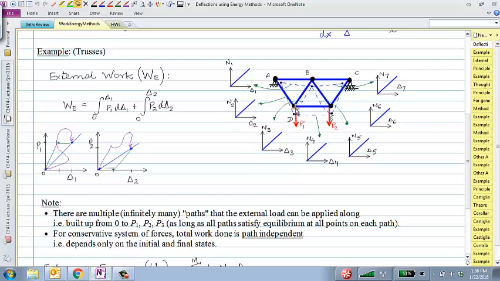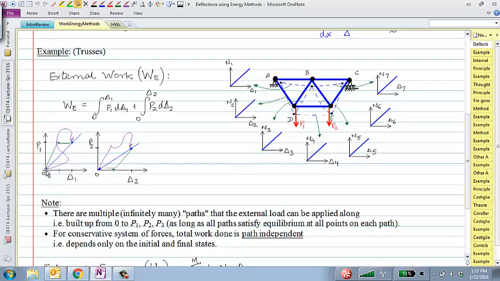So when we apply these loads, these are external loads. P1 will do some work as the point of application moves from here to here. P2 will do some work as it moves from here to here. And that total external work done would be this: P1 times d(delta 1) integrated from 0 to delta 1, plus P2 times d(delta 2) integrated from 0 to delta 2.